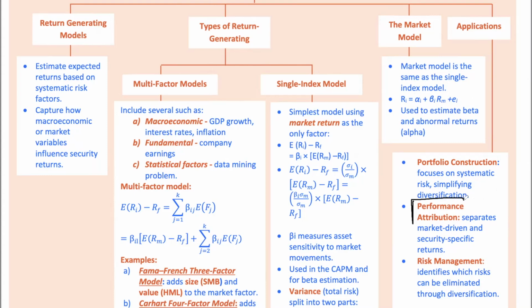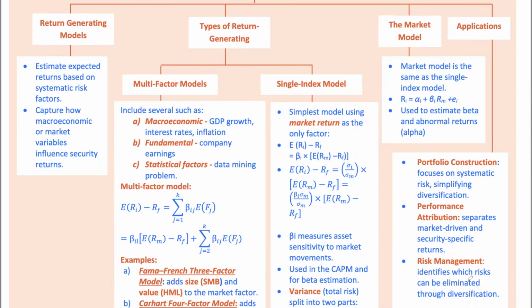Second, in performance attribution, analysts use these models to break down returns, separating what came from broad market moves versus what came from individual security selection. So if your portfolio beat the market, you'll know whether it was because of smart stock picks or just a rising tide lifting all boats. And finally, risk management. These models help us identify which risks can actually be diversified out and which ones we're truly stuck with.